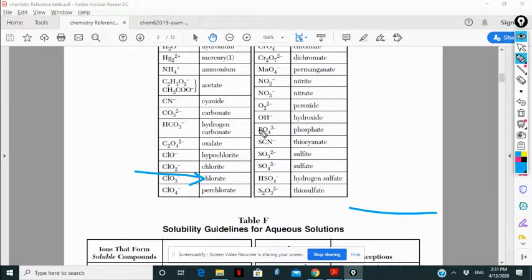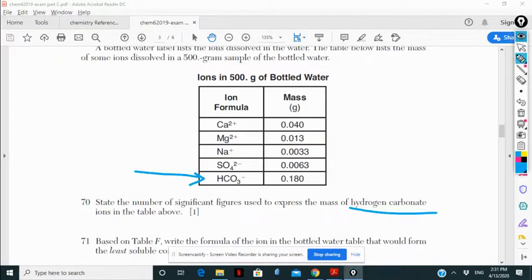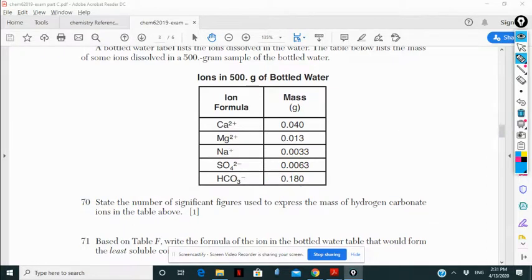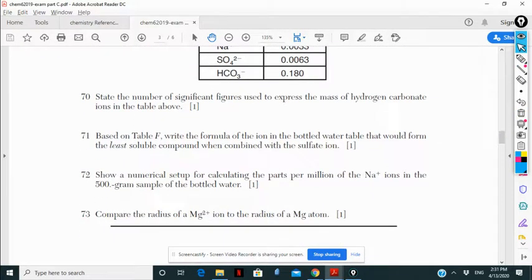Here is a hydrogen carbonate. Now, how many significant numbers here? I have a decimal point, so I count starting from the first significant number. 1, 2, 3. So 3 significant numbers. 3 significant numbers, okay?